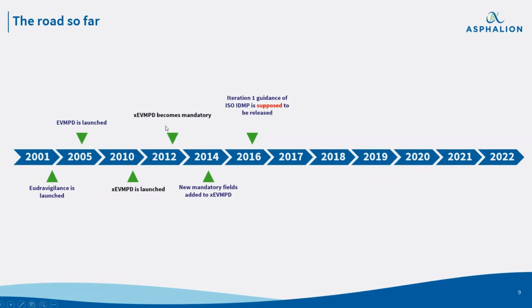I was not really there when this happened, but I can imagine that a few months before it became mandatory, all the different marketing authorization holders were typing all the information on the products and trying to send it at the last minute. So this is kind of what we want to avoid in the implementation of ISO IDMP. So we are ready before the deadline, and we are not working extra hours trying to submit all the information.